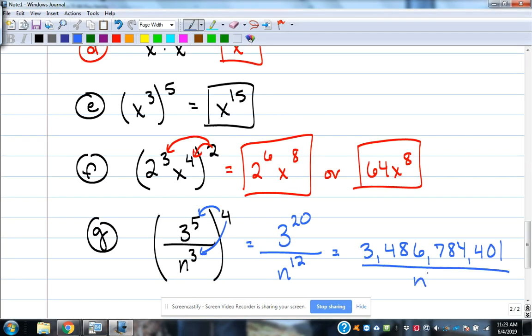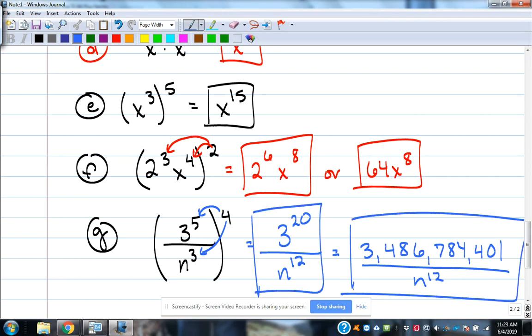Over n to the 12th. Either of those. Big number there, but evaluating it with a calculator is not too incredibly difficult there.